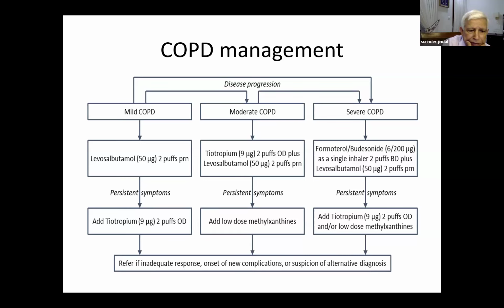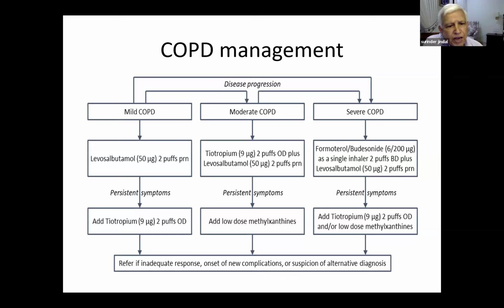If the symptoms are persistent, then one can add a long-acting agent as well, either a combination of both, salbutamol or tiotropium, salmeterol, and so many drugs. I'm not going into the details here, but by and large, the bronchodilator beta agonists are given.